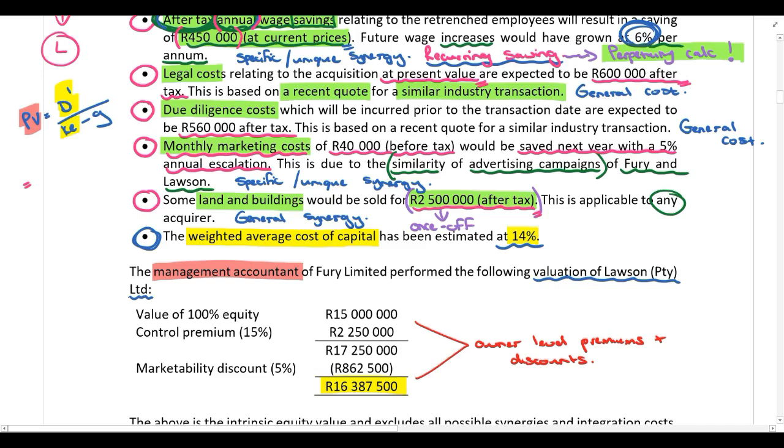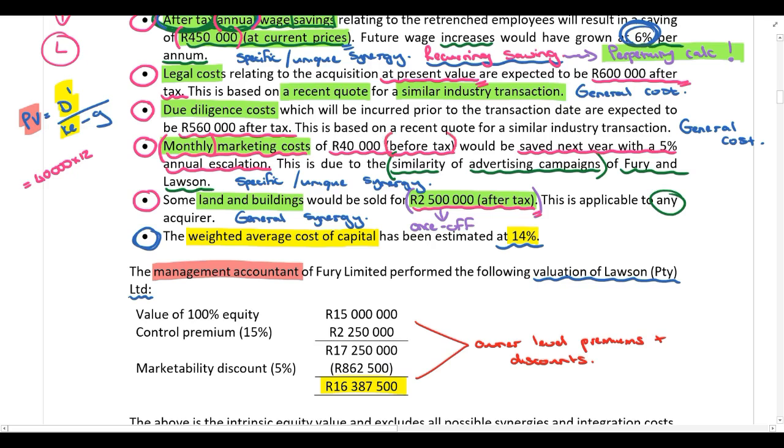This is not a once-off saving, this will be a recurring saving, so we need to perform a perpetuity calculation. We've been given the monthly marketing costs. You don't want the monthly marketing cost, you want the annual cost. So you need to take that cost and multiply it by 12.